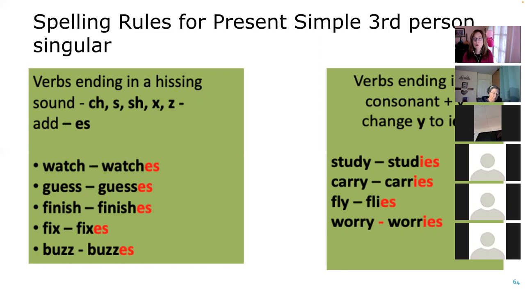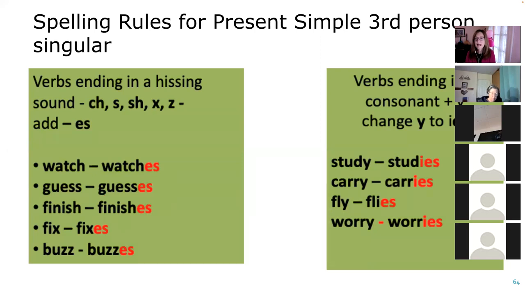We change it to watches. So it gets an extra syllable and it's spelled with es. The reason is that the word watch already sounds like it has an S at the end, so to make it different in the third person, it's got to have that extra syllable with the es. The same thing: guess, guesses; finish, finishes; fix, fixes; buzz, buzzes.